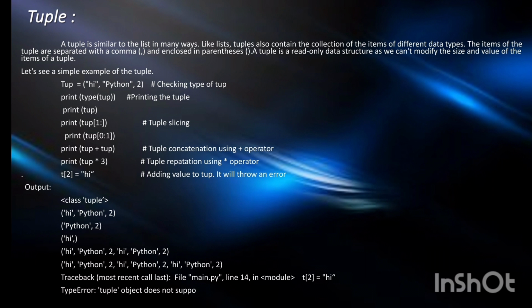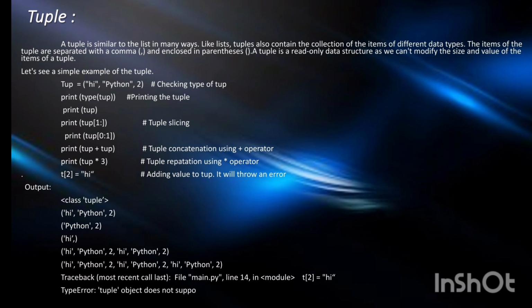Then it will print from 1 to the last. Now print tup of 0 to 1, then it prints only the 0th element. Now print tup plus tup, tuple concatenation using the plus operator. Print tup star 3, tuple repetition using the star operator.